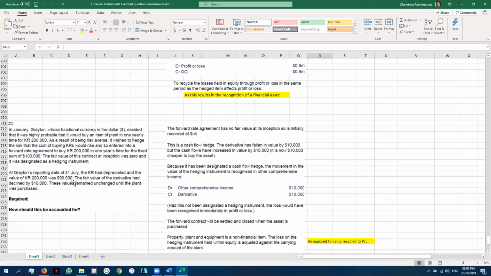which was, of course, before the purchase of the equipment, the krona had depreciated and the value of krona 200,000 was 90. The fair value of the derivative had declined by 10.